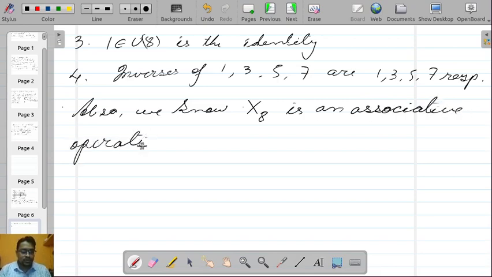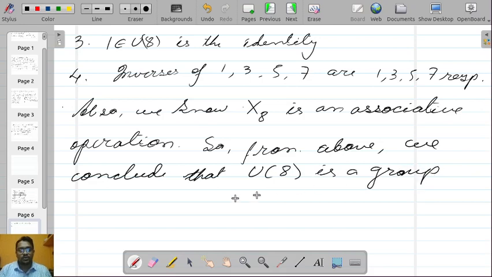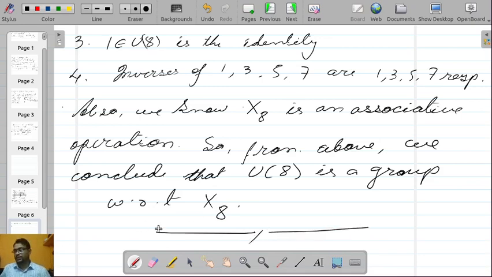So from the above we conclude that this U8 is a group with respect to multiplication modulo 8. Okay, so this is the proof. So it's quite simple, you can do it easily, right?